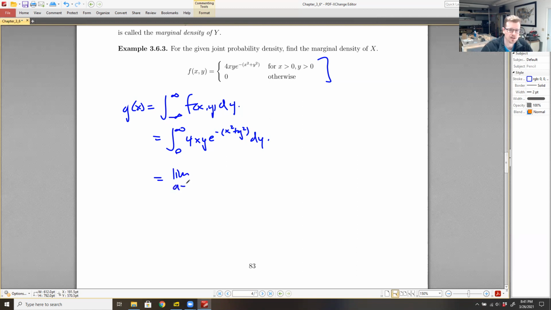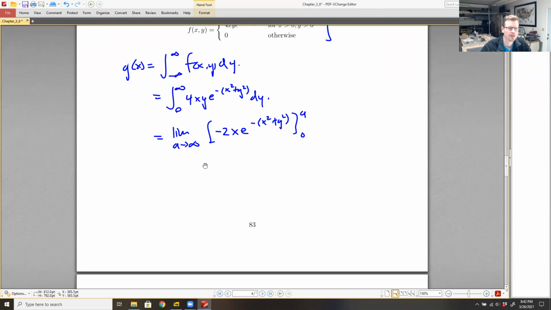So the limit as a goes to infinity of, when we integrate this, we get negative 2x e to the negative x squared plus y squared, and we're evaluating that from 0 to a. When we evaluate at a, it is the limit as a goes to infinity of negative 2x e to the negative x squared plus a squared.